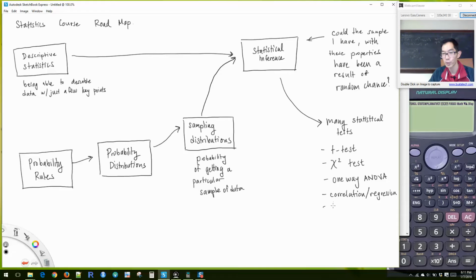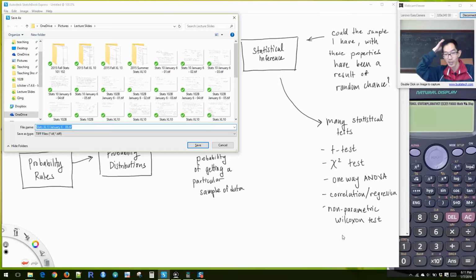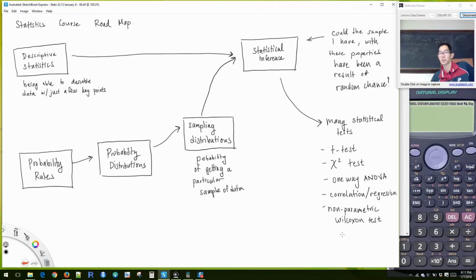And we'll have one non-parametric test, the non-parametric Wilcoxon. So this part will take us up to the midterm, and after the midterm we'll focus on a bunch of different statistical tests. That's kind of where we're headed.